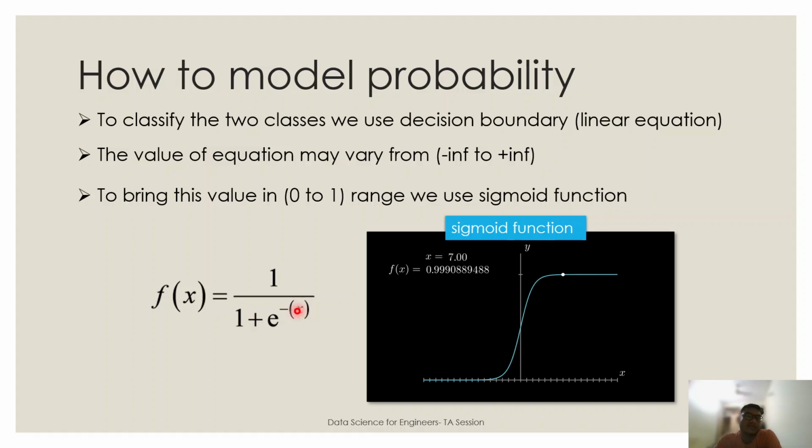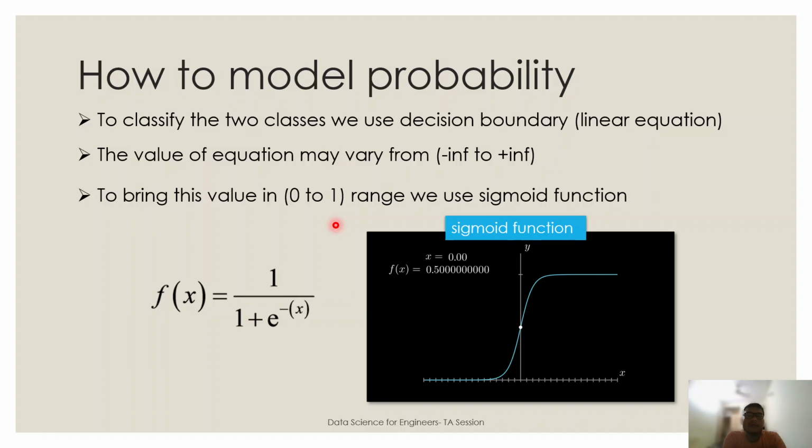Here we consider it as x. So it will take that x value, and if that x value reaches minus infinity, then you are reaching 0. Here you are able to see the graph. And if it goes to plus infinity, then you are going to reach the value 1. That's how it is transforming your minus infinity to plus infinity range into the 0 and 1 range. So that way you can interpret this as a probability.